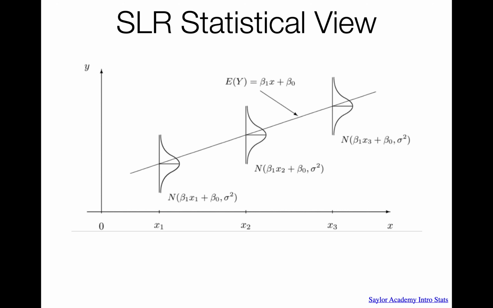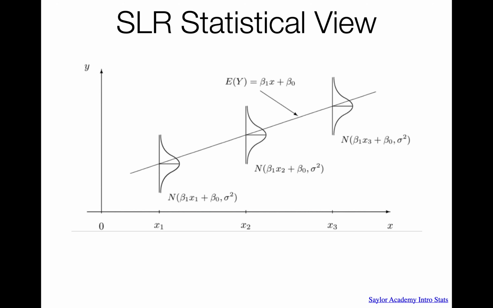This probably looks really weird, but the line is really a line of averages, and it's meant to estimate the mean of y over different values of x. And so really we have this true line that exists, beta naught plus beta 1x, okay?